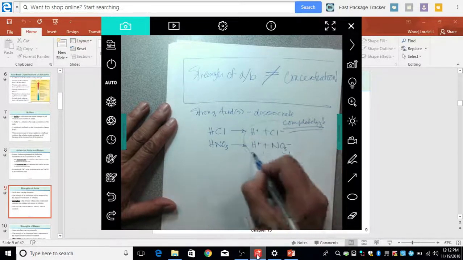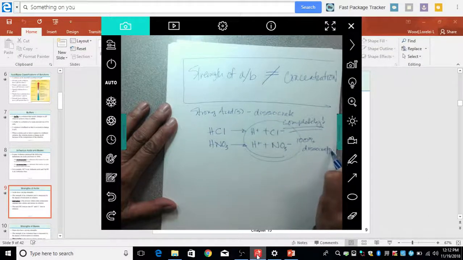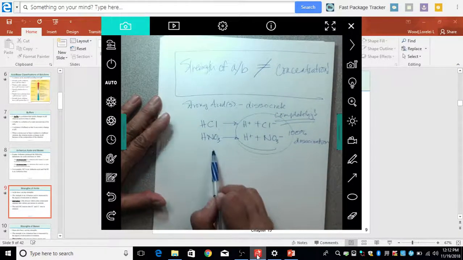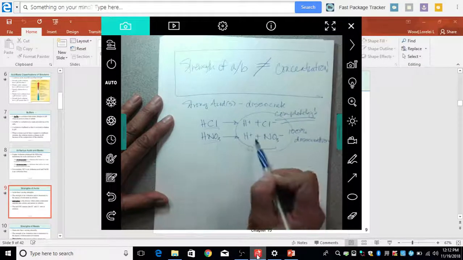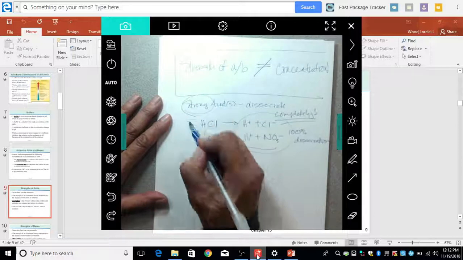All right, so we have 100% dissociation in strong acids. So hydrochloric, nitric are both strong acids. That means every single bit of this that I put into a solution, it's going to break up into those things. That's what a strong acid is.